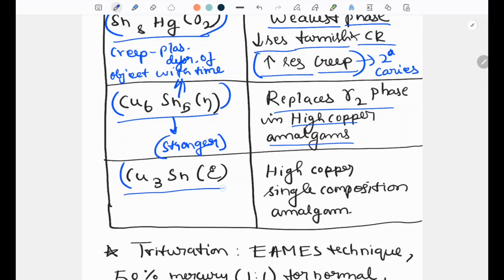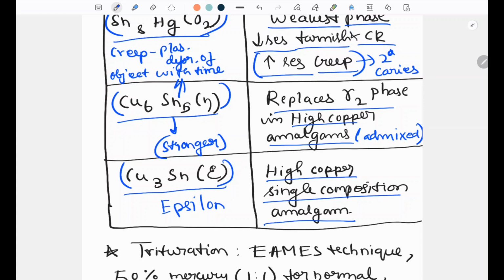And copper tin, that is the epsilon, is formed in high copper single composition amalgam, not in the admixed, whereas in high copper single composition alloy there is formation of copper tin epsilon, which is also a good, stronger composition.